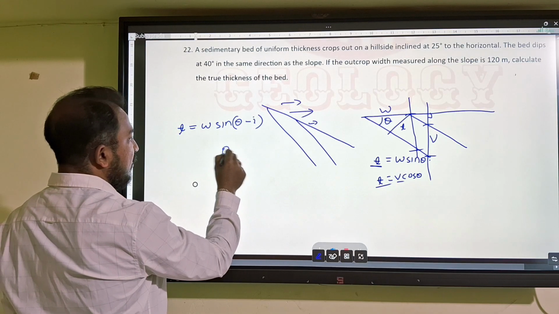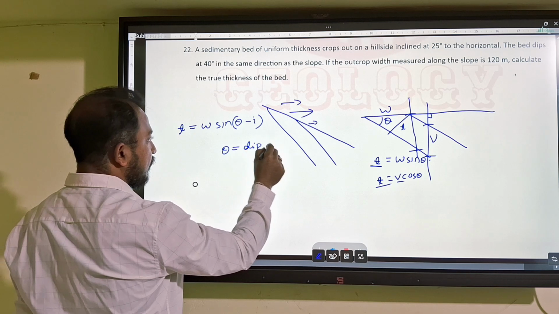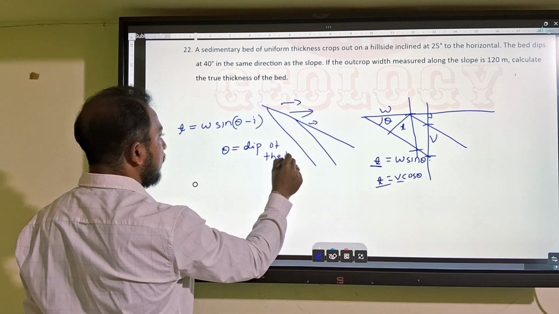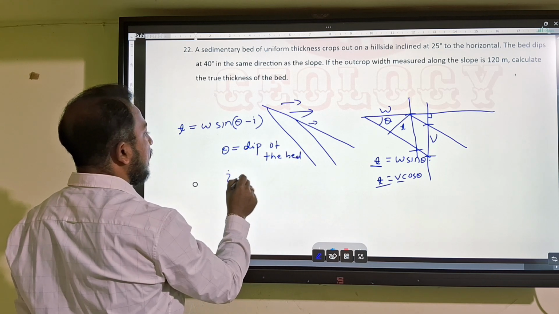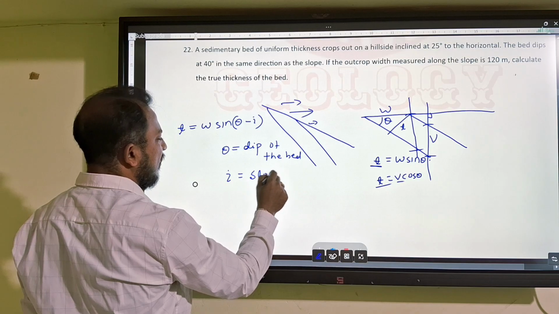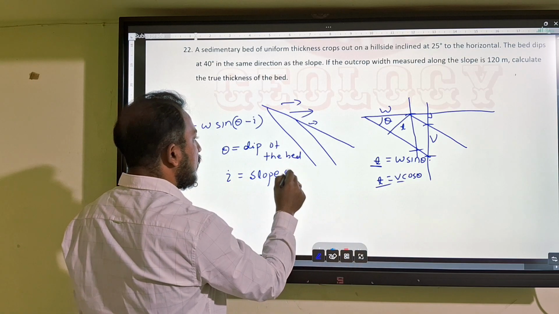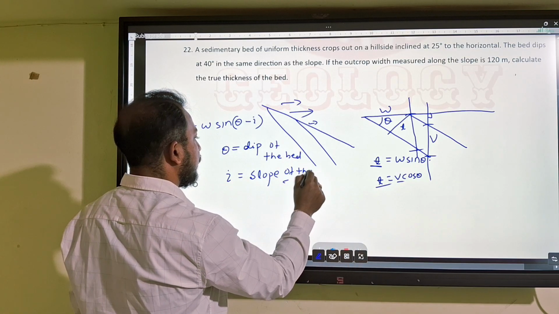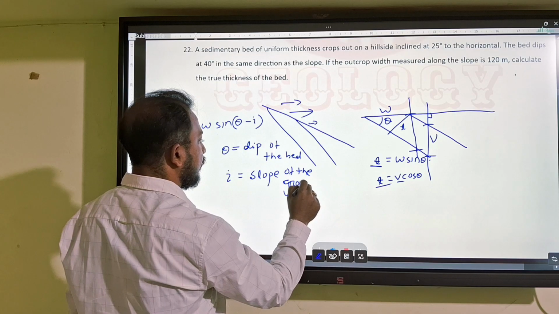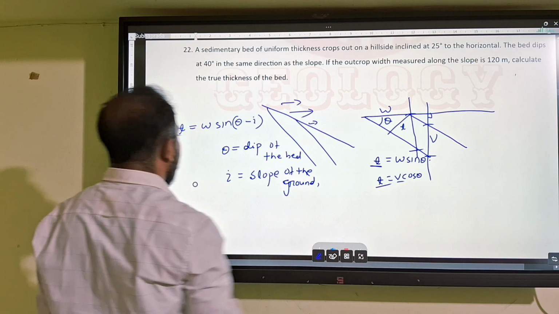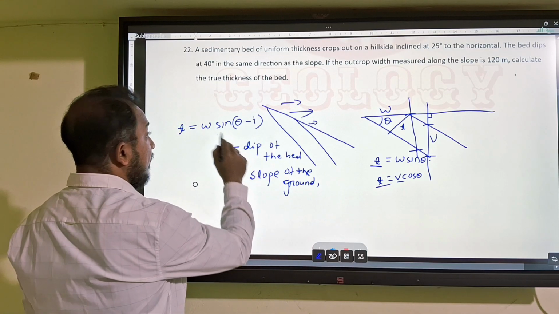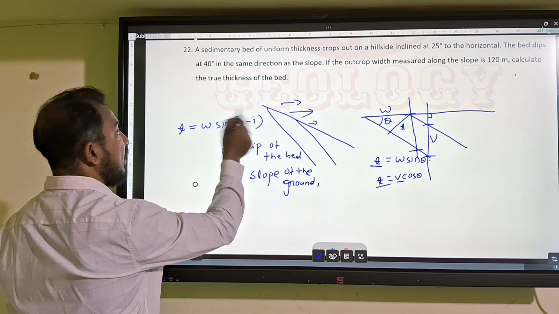So theta is the dip of the bed, and I is the slope of the ground, or you can also say dip of the ground. This is the condition where both are dipping in the same direction.